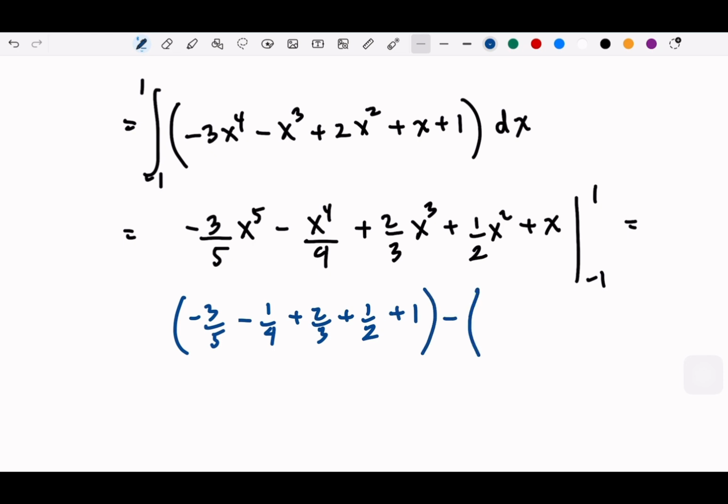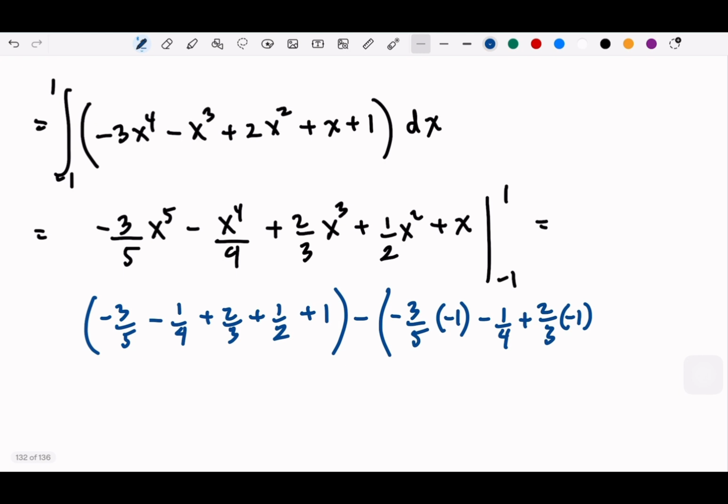And then minus. Remember, we have -1, so every odd will be, or maybe let me just write with a, this will be -1, right? This is positive. This is negative. This will be also positive. And this will be a -1. So compute all of that. And this one becomes 3/5 and the same, right?